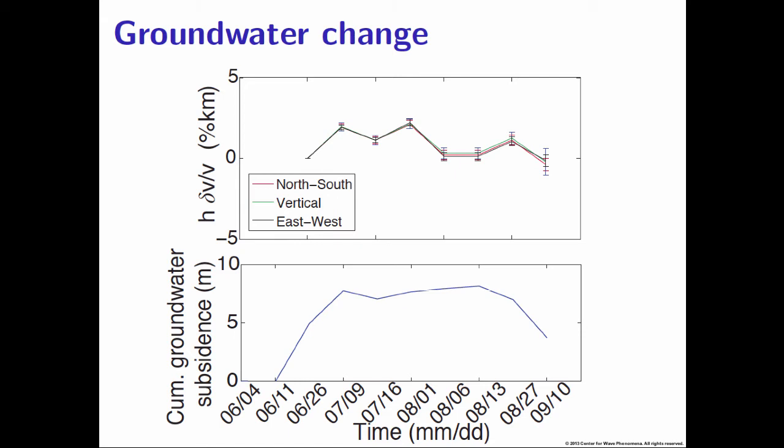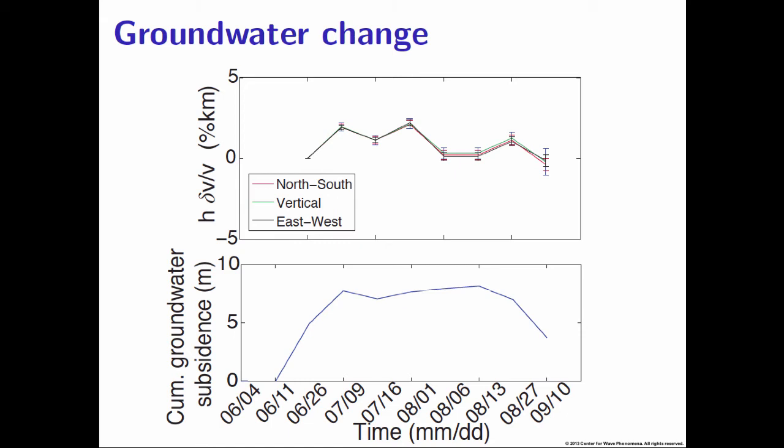Here in this result, it's comparing the estimated inverted combined H delta V parameter to cumulative groundwater subsidence from a particular well within our monitored region.